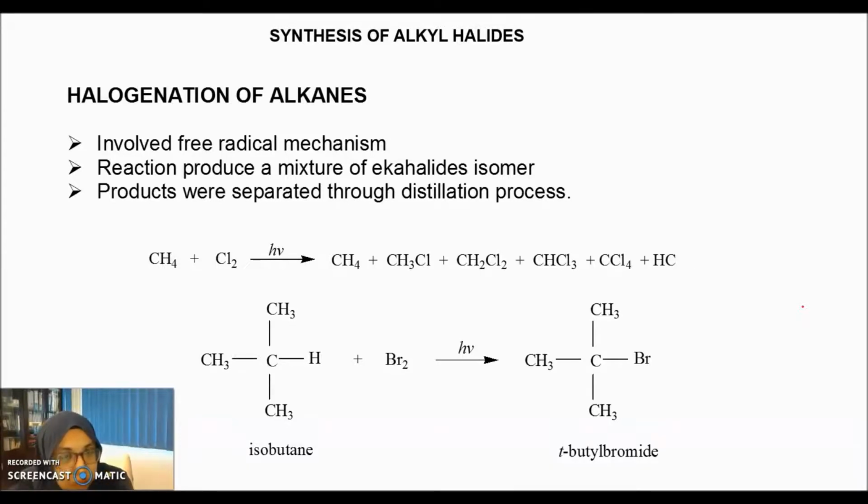You have to remember that for the reaction of alkane, there must be the presence of light or heat. In this case, we can use hν to represent the light.